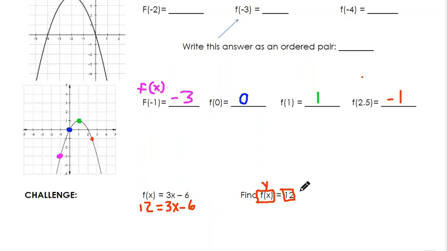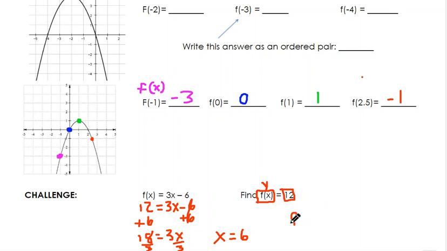So now they gave us the y value, and we got to figure out what the x value is. So to do that, we got to solve an equation, right? So we would do plus 6, 12 plus 6 is 18, and then we would divide by 3, because I'm left with 3x. Divide by 3, and then x equals 18 divided by 3, which is 6. So that would be 6.